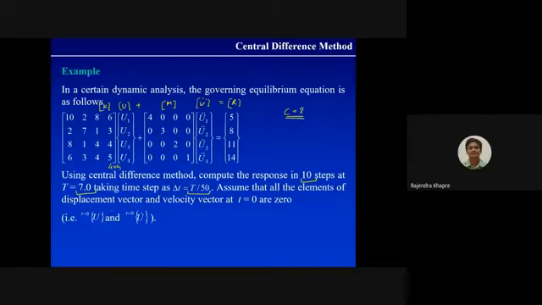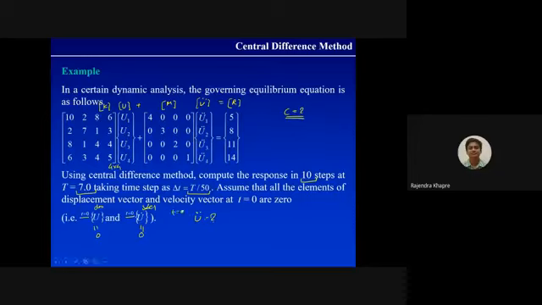For the initial vectors, when t is equal to 0, the velocity is 0 as well as the displacement is 0. So this is the velocity and this is the displacement. Now we have to find out the acceleration at t is equal to 0.